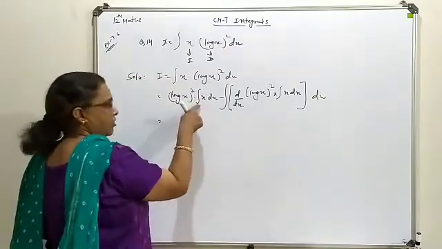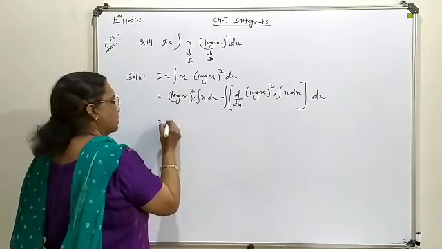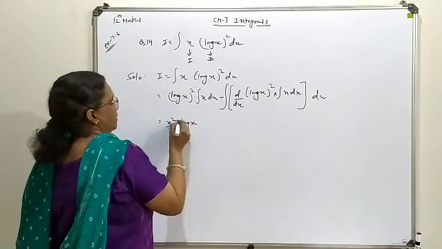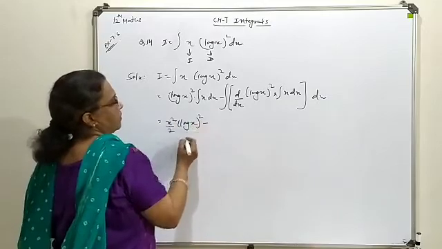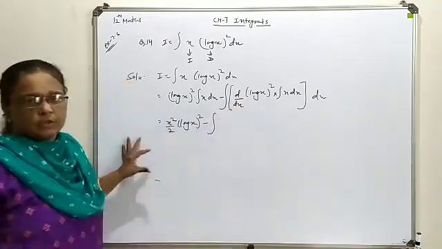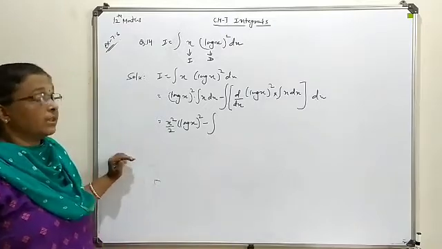Now, integration of x is x square upon 2 log of x whole square minus differentiation of log x whole square.